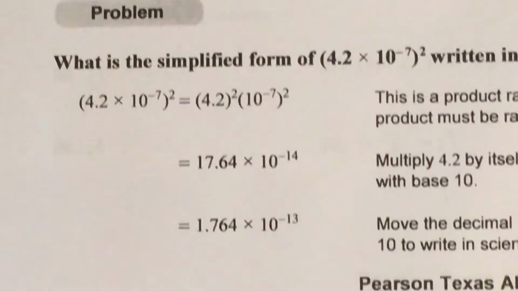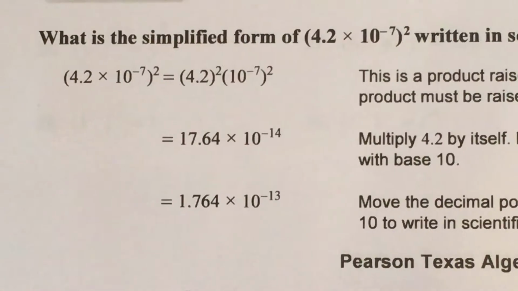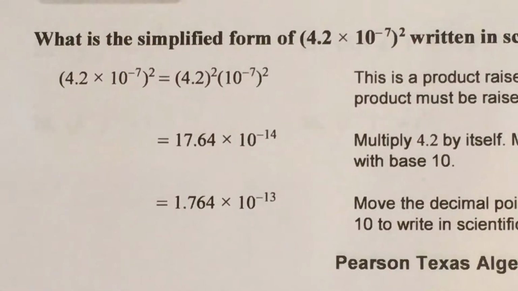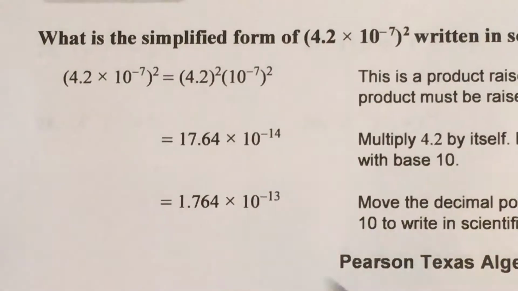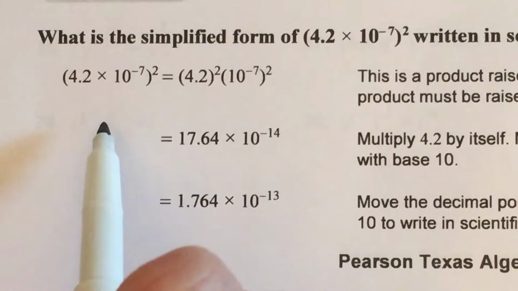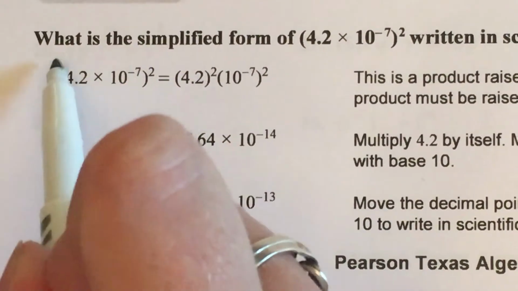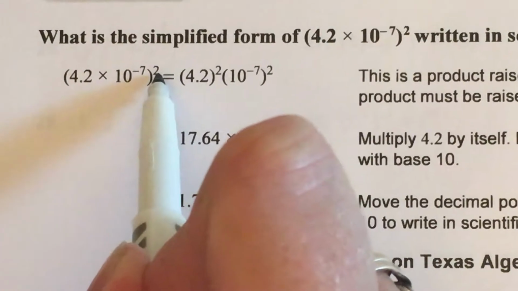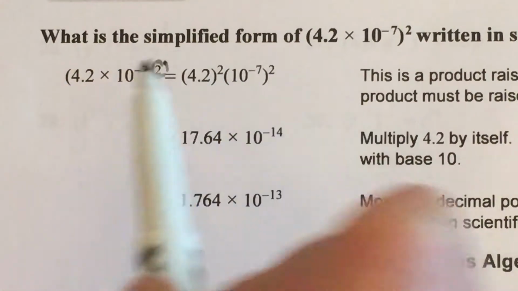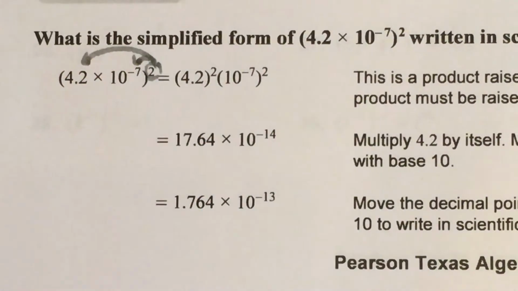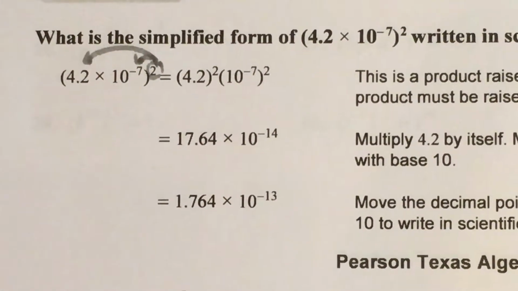Let's go look at a word problem. We looked at problems similar to this yesterday when we looked at the product rule, and we had the scientific notation to work with. If I have this whole quantity in the parentheses, I have to distribute this exponent to each piece inside of the parentheses.